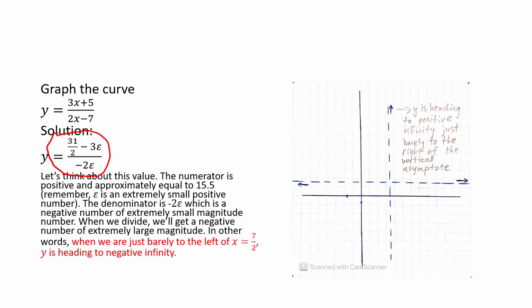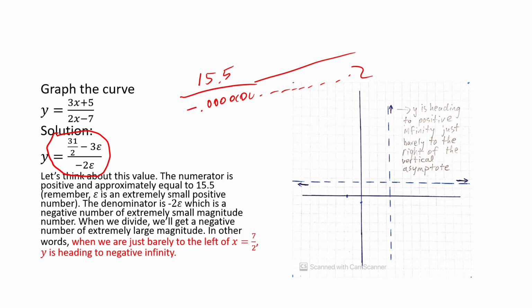Now the denominator is -2 epsilon. Well, since epsilon's a number like 0.0000000, etc., 1, -2 epsilon is like saying -0.0000000, keep on going, 2. So imagine if we took the number 15.5 and divided it by that negative.